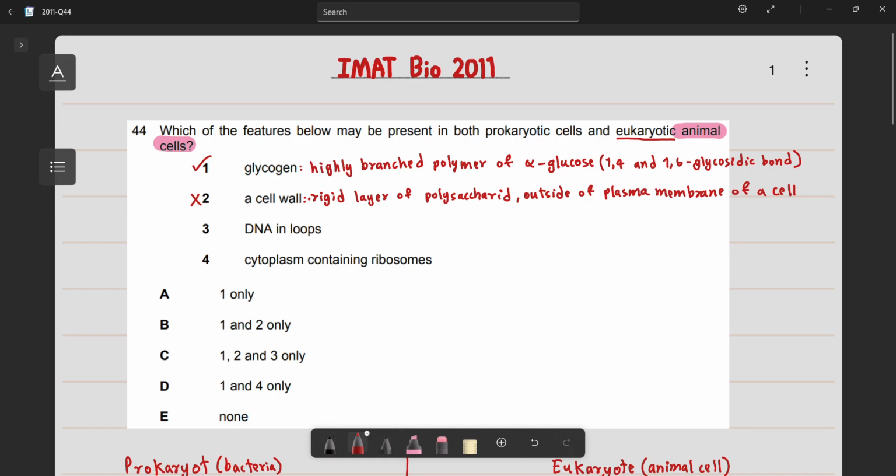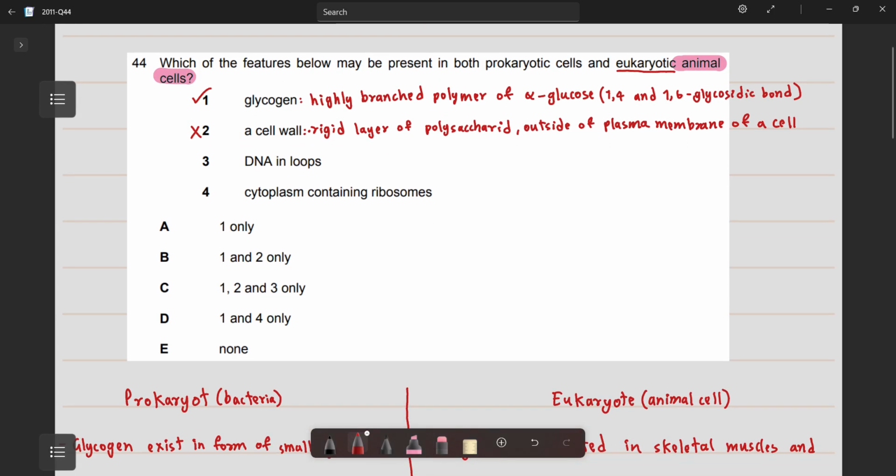If you reread the entire question, although you may not find the exact thing, you have to use the logic of what type of DNA in loops they're referring to, whether it's a plasmid or the circular DNA that the bacteria has as its main form of genetic material.